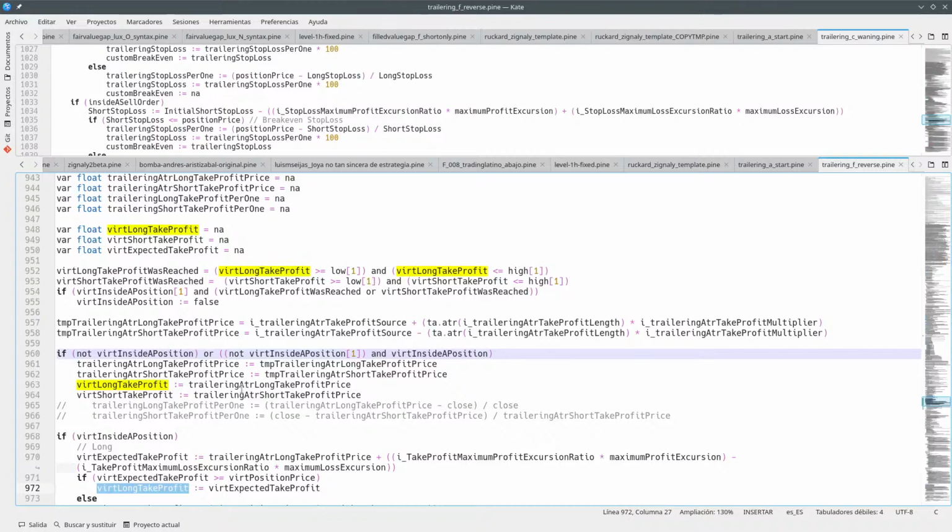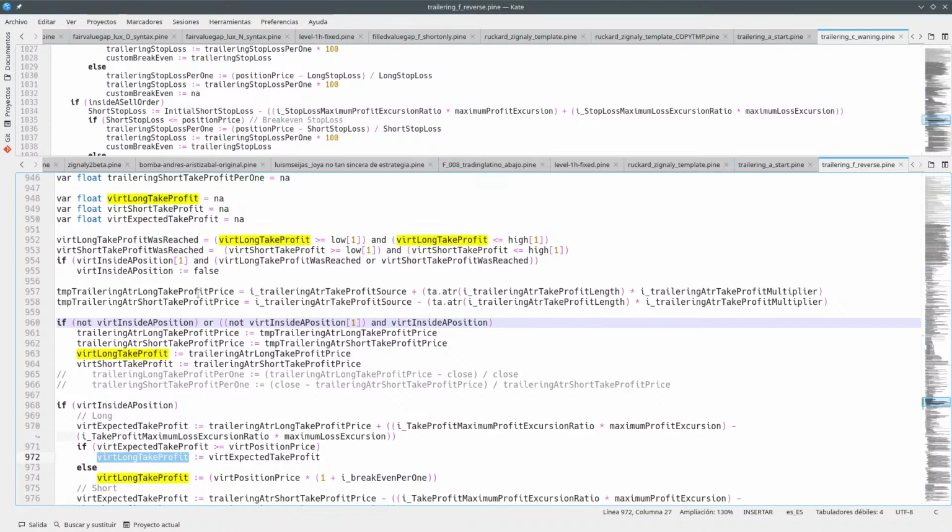Because the first time, so if we are in a position, no, if we were in a position, okay, so if this is reached, we are no longer in a position, and this gets overwritten.